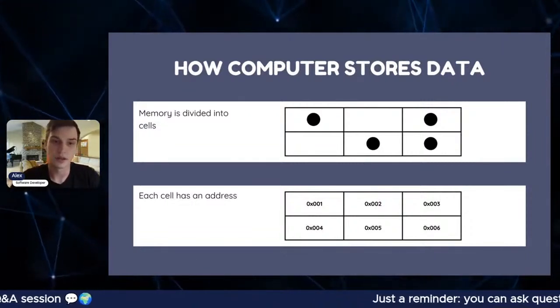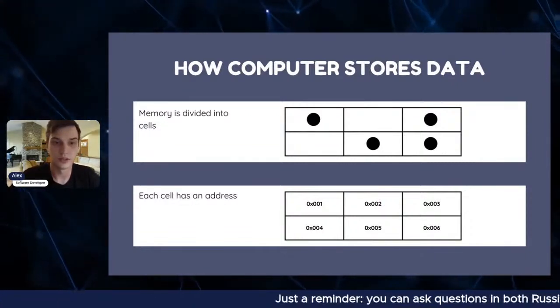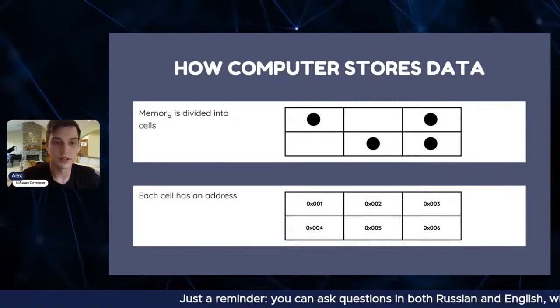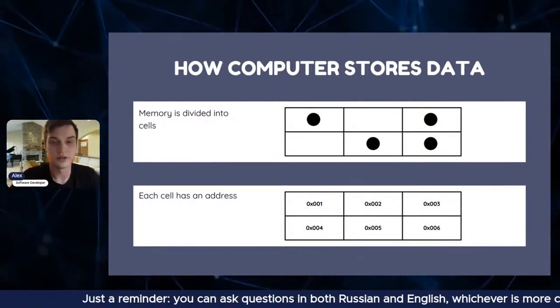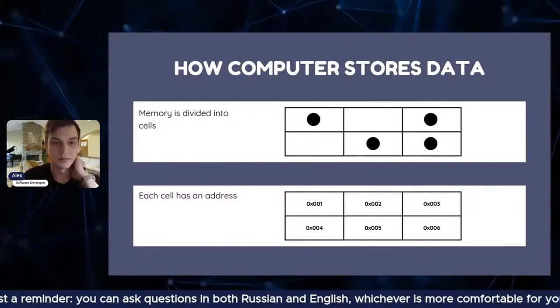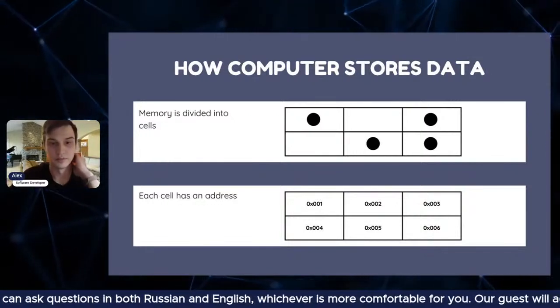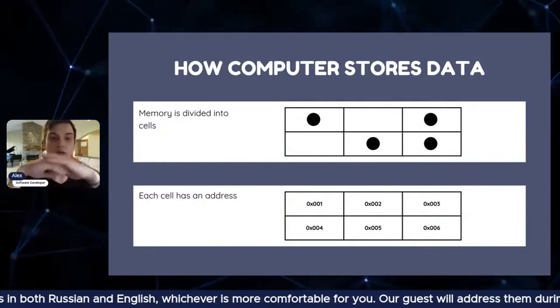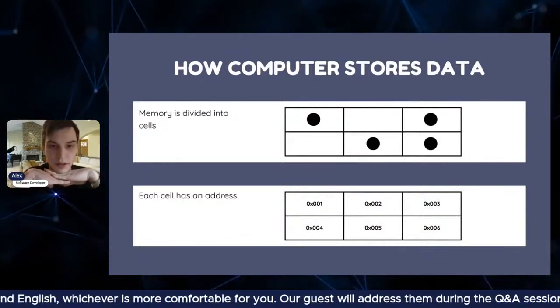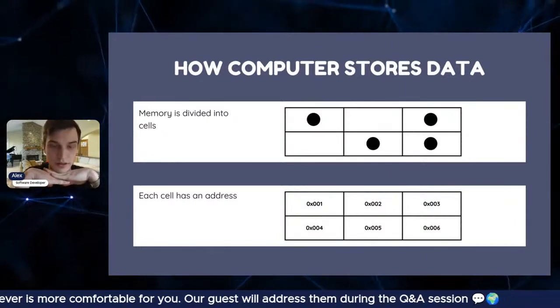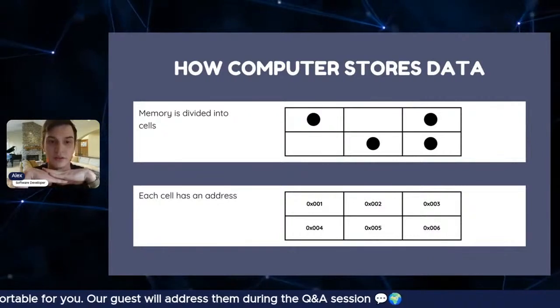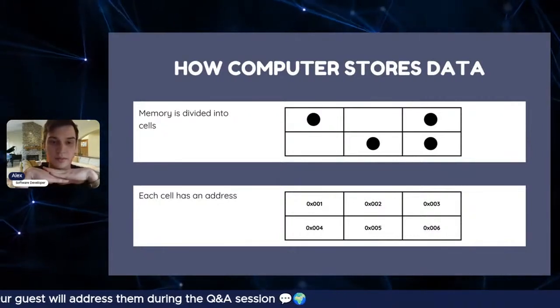As I said, the computer only needs to know the start address of the memory it needs to read and the length of the data it needs to read. For example, to read all 6 bits in its memory, it knows that the length is 6 and the address of the first cell is 1.